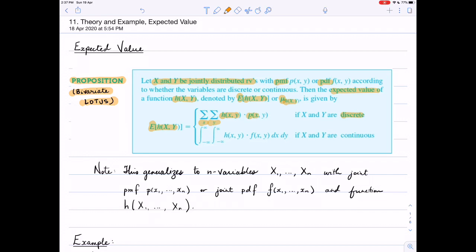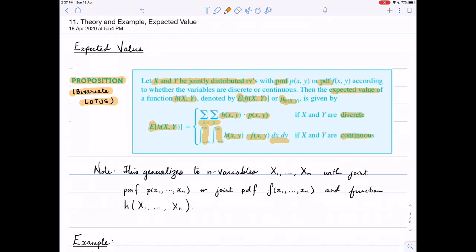Or if we are in the continuous case, then it is the double integral over the entire support, so here over the entire plane, of h of x,y times the density function dx dy.